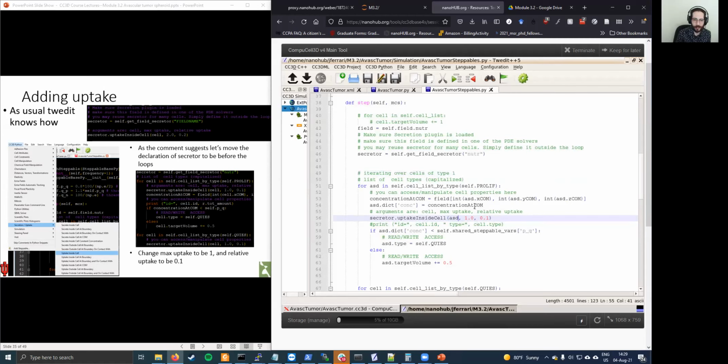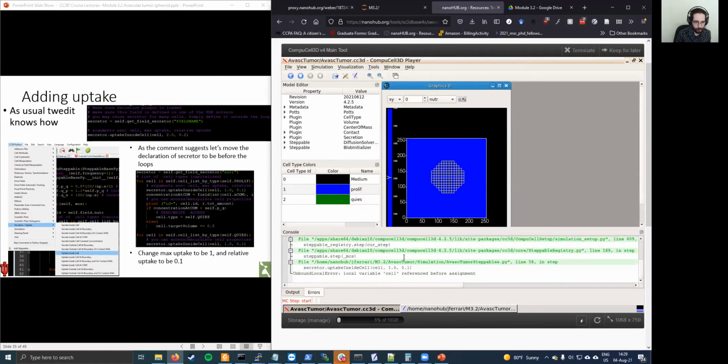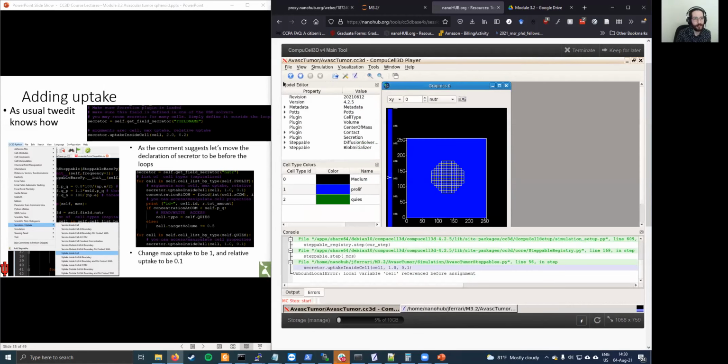Otherwise, I'll have to eat my hat. And now the proliferating cells are going to line 56. Yeah, line 56, I had cell instead of ASD. And that's where it complained. Now I have ASD, line 56.